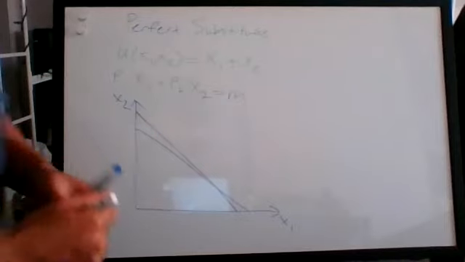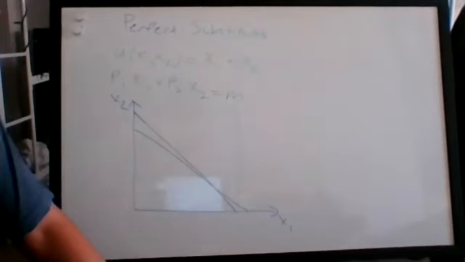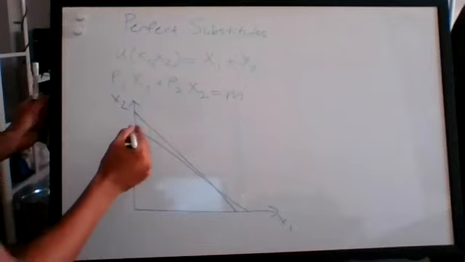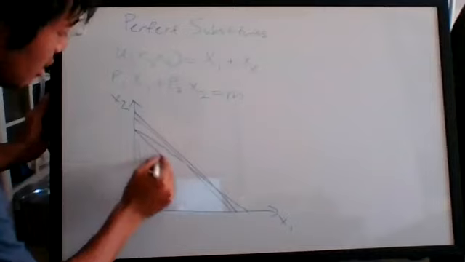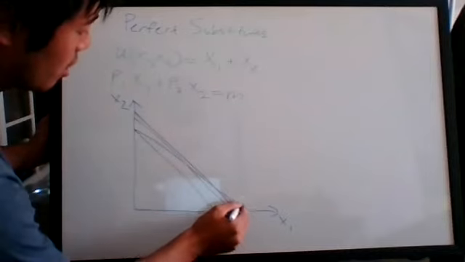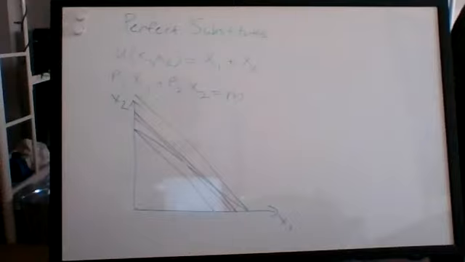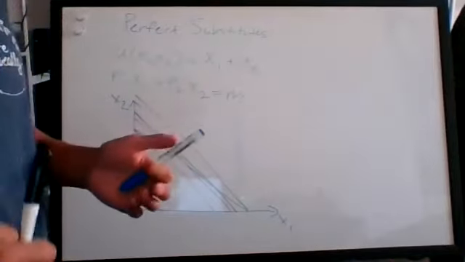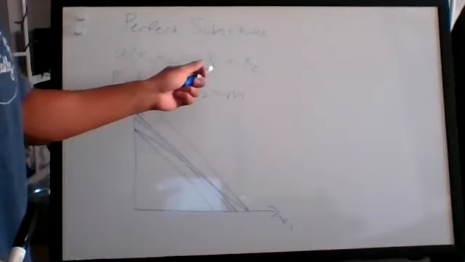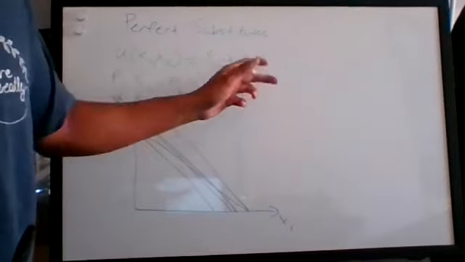And so remember that we have infinitely many indifference curves, meaning that I also have one that looks like this, one that looks like this, and one that looks like this, right? The only thing that is important with the indifference curves is that they follow this ratio of the marginal utility of good 1 over the marginal utility of good 2.